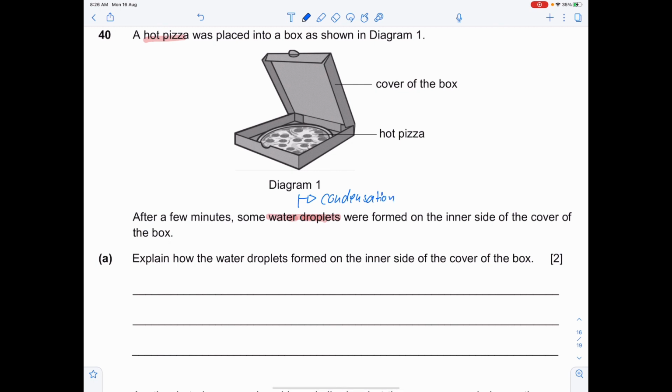Okay. Ramesh had two identical flasks, P and Q, each fitted with a rubber stopper and a funnel containing an equal amount of water. So once again, when you have two diagrams next to each other, the key thing is always to compare.